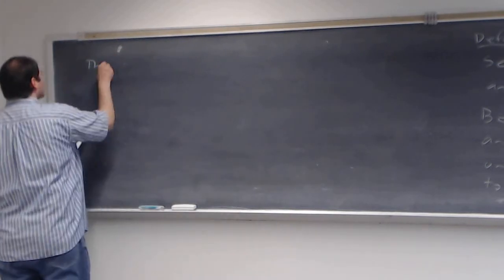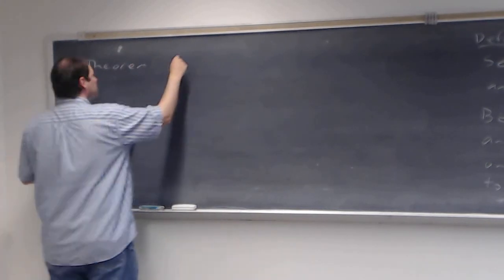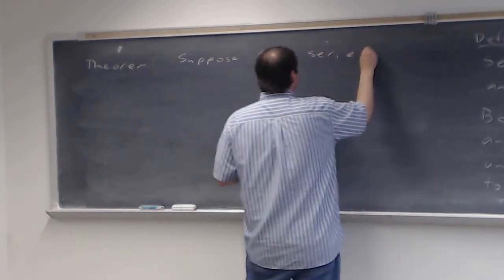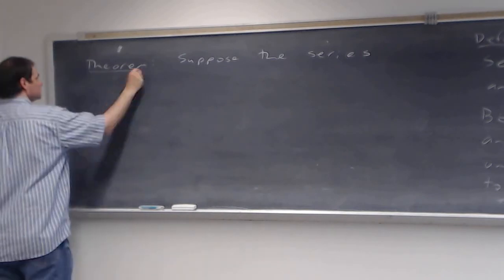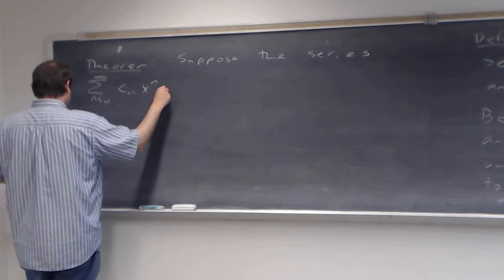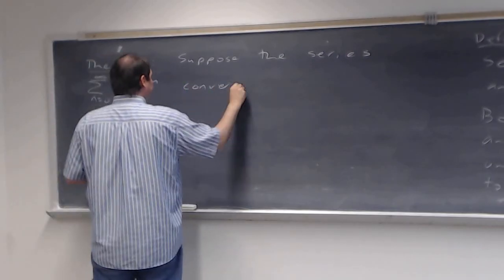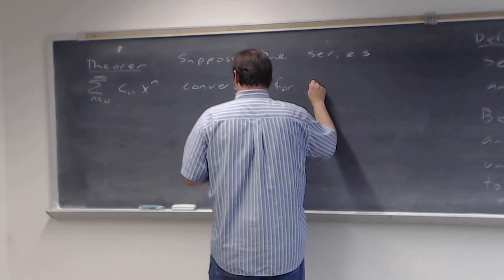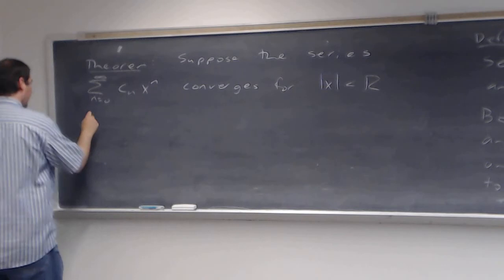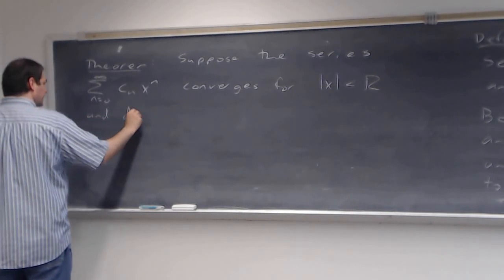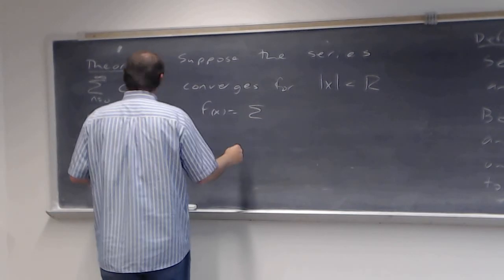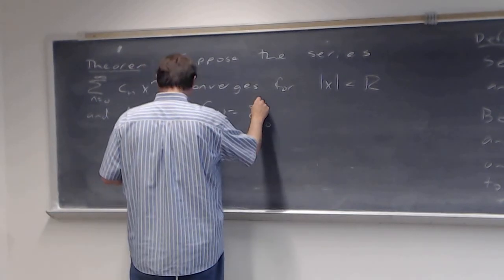As a theorem, suppose the series, the sum as n runs from 0 to infinity of c sub n x to the n, converges for absolute value of x less than some number r, and we define f of x to be equal to that series for each x in the radius of convergence.